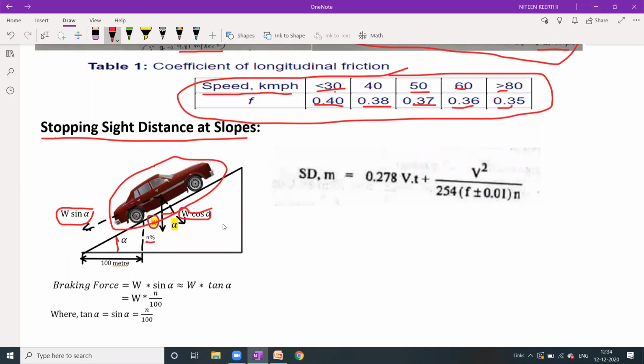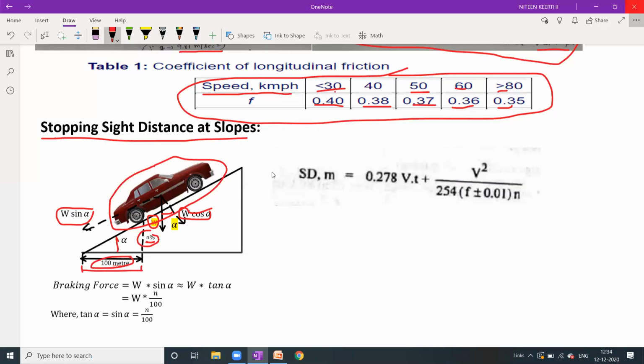Here, a distance of 100 meters has been assumed. If the gradient is N%, and the angle is alpha, then what will be tan alpha? Tan means opposite by adjacent, so N% divided by 100. That will be tan alpha.